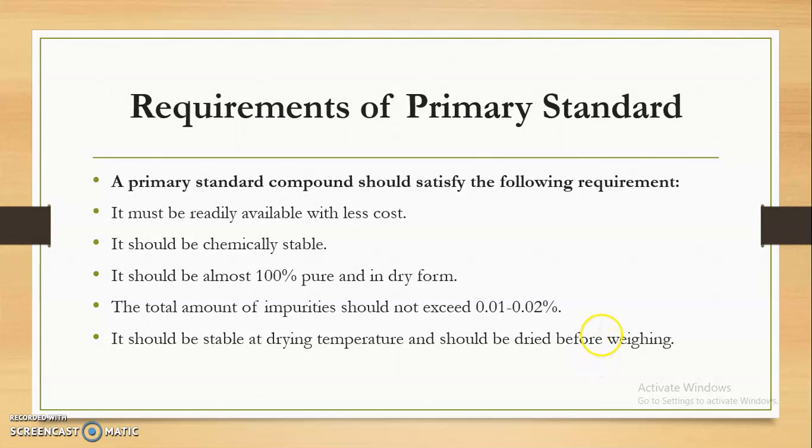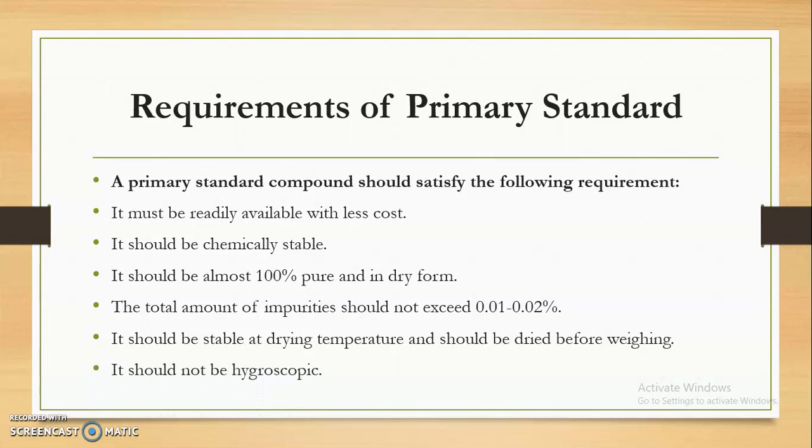If moisture is there, automatically the weight of that primary standard will be more than the actual amount of that primary standard in that weighing. So it should be stable at drying temperature and dried before weighing. This is another condition for a substance to become a primary standard.